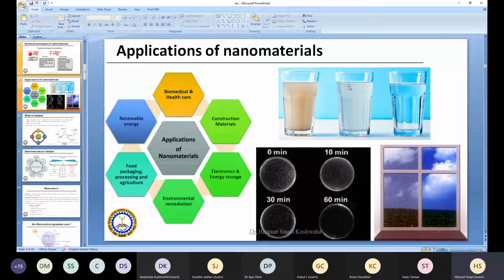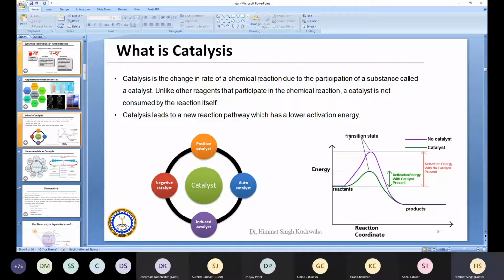So mainly these applications depend on the catalytic properties of the nanomaterials. What is catalysis? Catalysis is the change in the reaction rate of a chemical reaction due to the participation of a substance called a catalyst. This catalyst tunes the rate of the reaction.